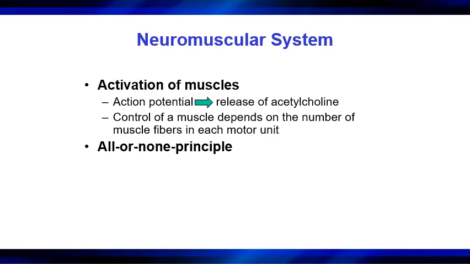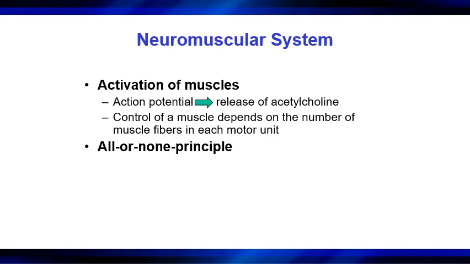Now, when we look at muscles and motor units, muscles that function with great precision, such as the small muscles of the hand, could have as few as even possibly one muscle fiber per motor neuron. Most of our muscles will have more than one, but the muscles with more precision have to do some very precise work.